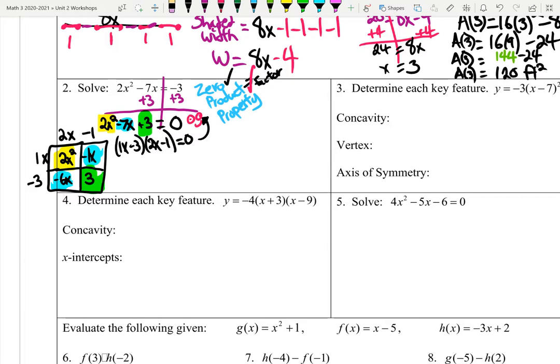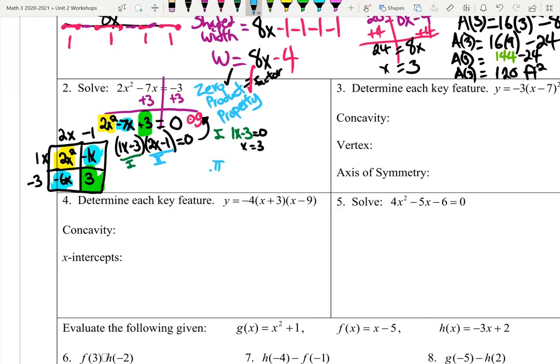Now, all that's required is for me to figure out when this is 0 and when this is 0. Case 1, case 2. Case 1 is when 1x minus 3 is equal to 0. And then I go ahead and use inverses, and it's going to be 3.